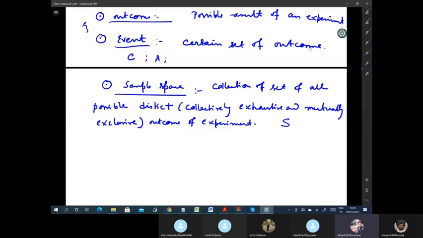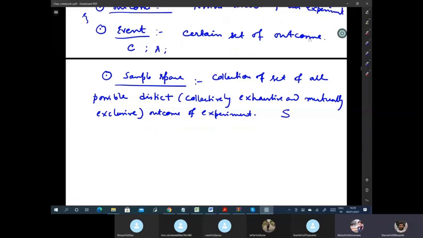That is what is meant by mutually exclusive, and collectively exhaustive means all the possible outcomes for any experiment. No, collectively exhaustive means if you take all the events, you will get the full universal set. That means you collect all the events and it becomes exhaustive. And mutually exclusive means if you take two events, there is no intersection.